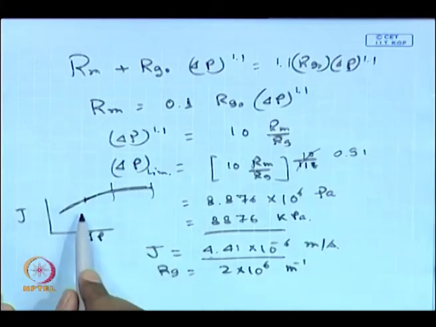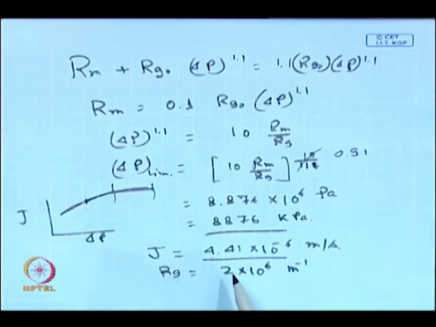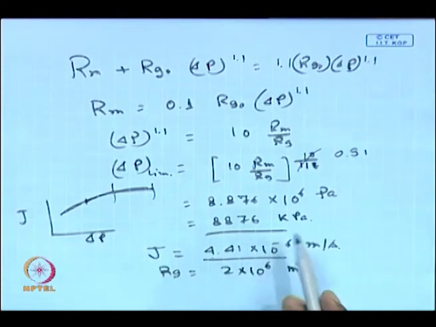If we are getting a flux of around 4 into 10 to the power minus 6 meter cube per meter square second at a pressure delta p of 10 atmosphere, that means if I increase delta p now, I will not get much improvement in my permeate flux, because my limiting pressure is 90 atmosphere, but at 90 atmosphere I will get a flux of only 4.41 into 10 to the minus 6. So, there is not much gain in increasing the pressure, and I should not increase the energy cost in order to attain higher productivity of the system.